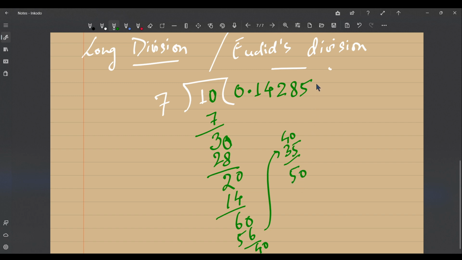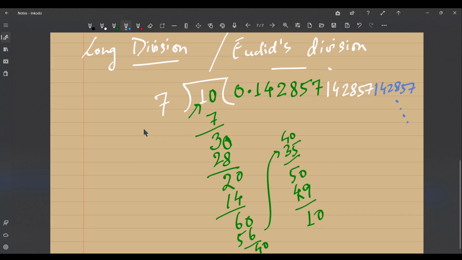I know it will stop because it's a ratio, but well, 7 sevens are 49, and 1, 0, and well, we got 1, 0 over here. So if we just continue this further, we'll get the same 1, 4, 2, 8, 5, 7, and then again 1, 4, 2, 8, 5, 7. So this whole pattern would go on forever, right?